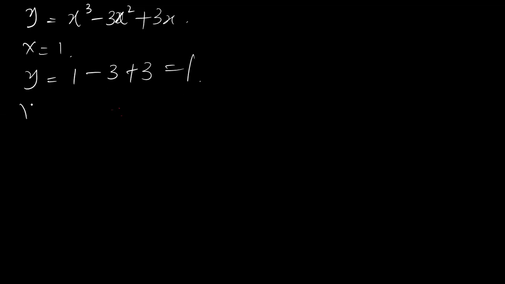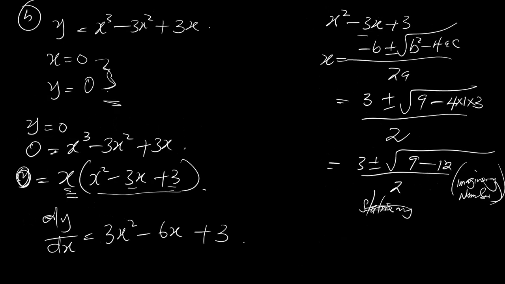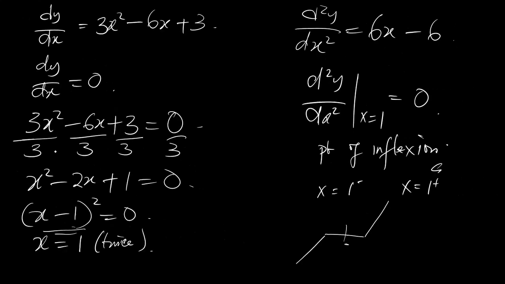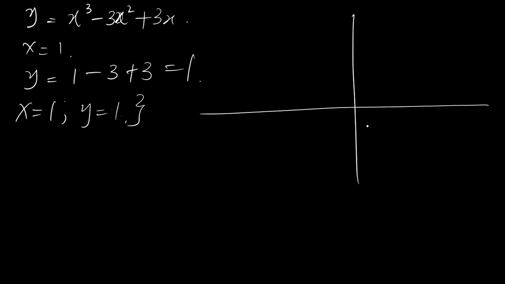So when x is equal to 1, your y is equal to 1. This is another boundary condition. Now, we can use this whole thing to draw the graph. So the graph now will look something like this. Now here is 1.